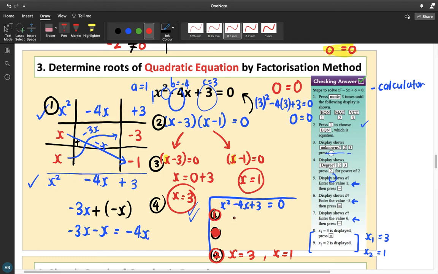Okay, so what we're gonna do is, kita akan buat macam ni dan kita akan buat macam ini sama dengan kosong. Y equals to 0 because we have this one right here. Okay, so macam mana nak tahu apa nak isi dalam ni? So, sekarang ni, 3 ni kita pindahkan ke sini. Positive 3 akan jadi minus 3. So, here we have x minus 3. Okay, positive 1 pindah ke sini, kita akan ada x minus 1.